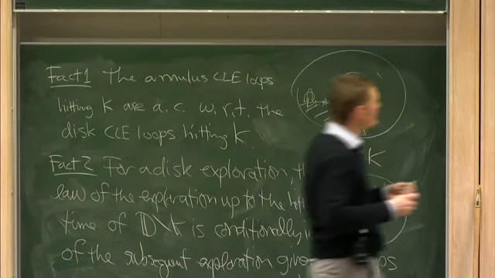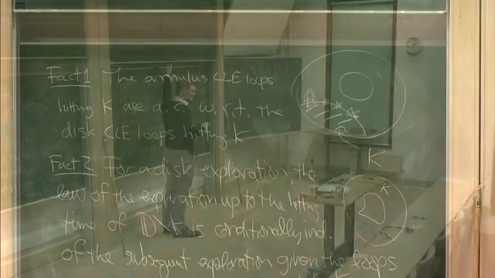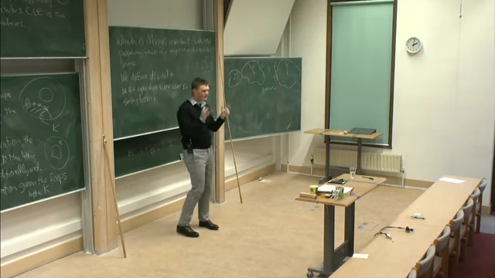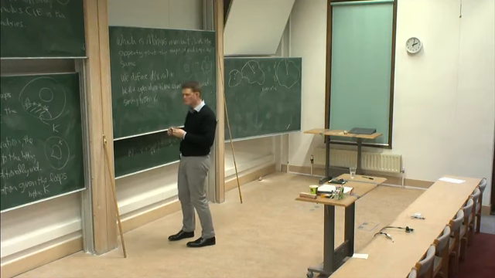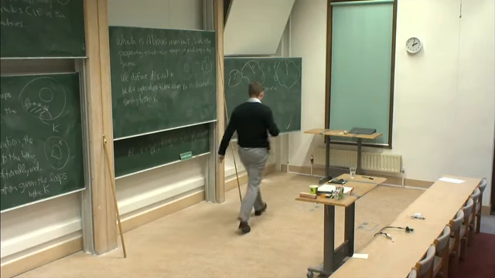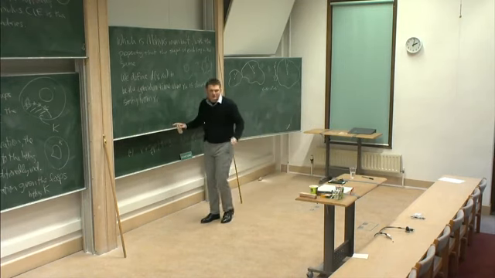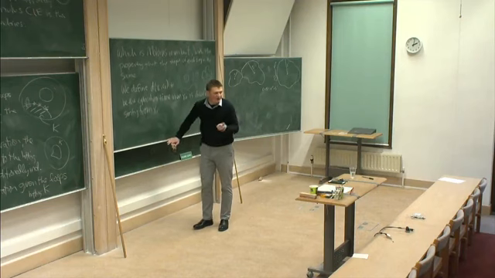So that means that we can take a sequence of compact hulls increasing to the whole annulus and explore, I keep losing my eraser, and explore up until we hit the inner boundary of the annulus.